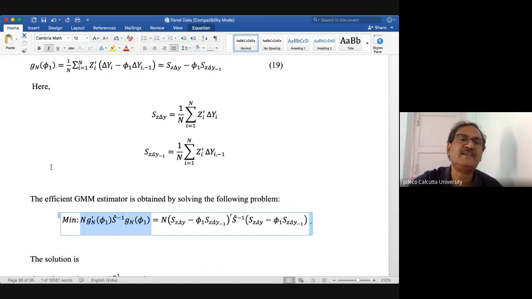What is g prime n? Gn, you have defined Gn in this way. Gn of phi 1. So g prime n of phi 1 into S hat inverse, we have already defined S hat, into Gn of phi 1.